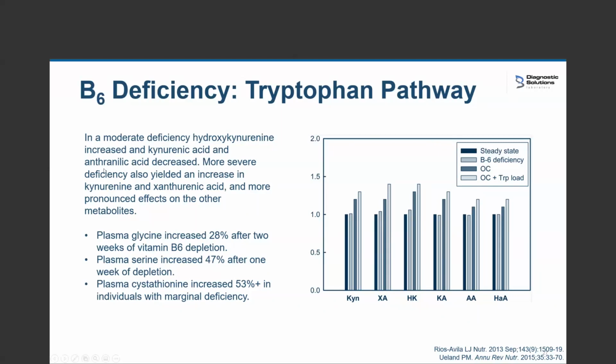And kynurenic acid and anthranilic acid will decrease. If you have more severe deficiencies, you'll get an increase in kynurenine and xanthurenic acid. You'll also get increases in glycine, serine, and cystathionine. So looking at xanthurenic acid may not be enough.